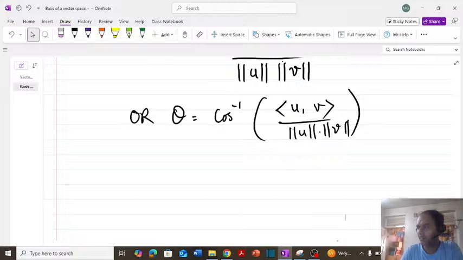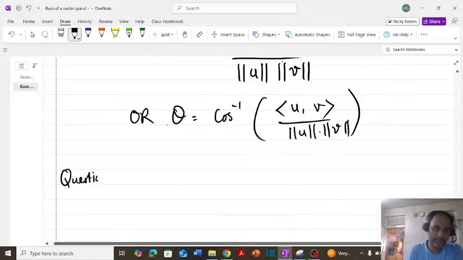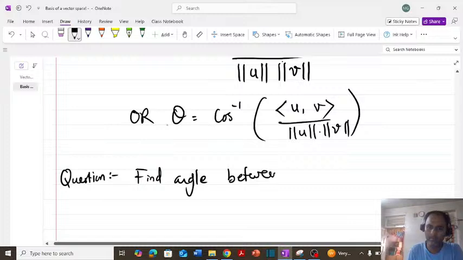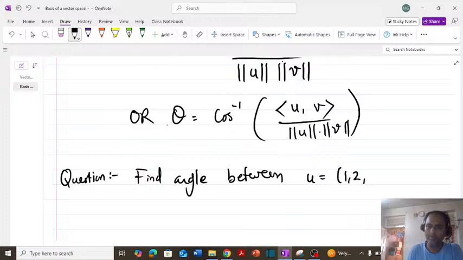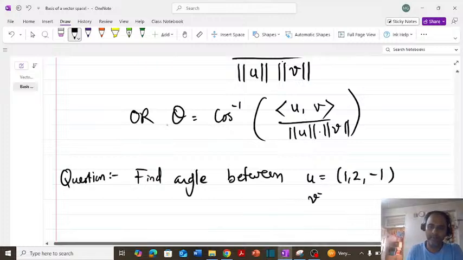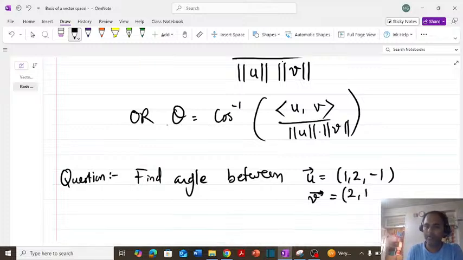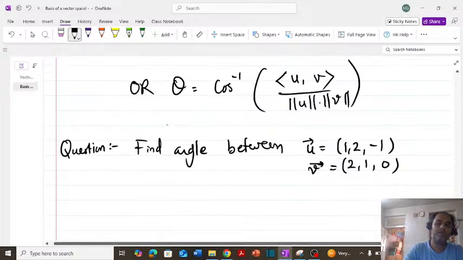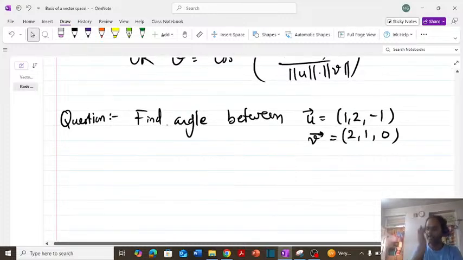So consider, the question is find the angle between, let's say, u equal to 1 comma 2 comma minus 1 and v equal to 2 comma 1 comma 0. So what is the angle between these two vectors? So let us calculate the angle.